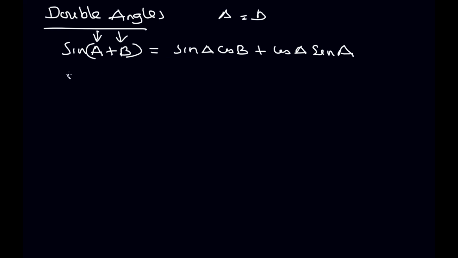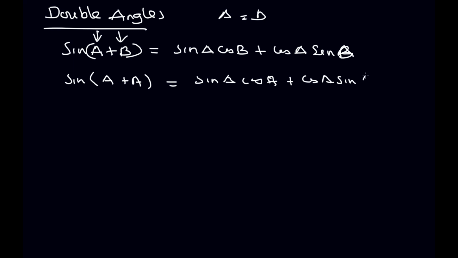So we can say sine (A plus A) is equal to sine A cos B, plus cos A sine A. This is B here. So what will happen here?